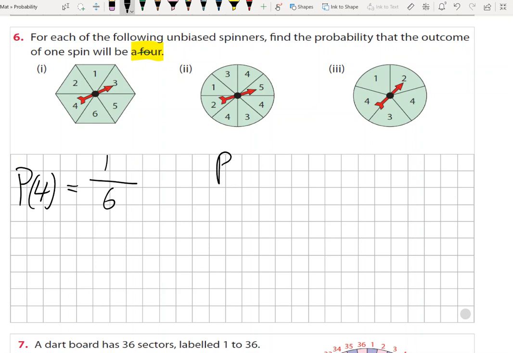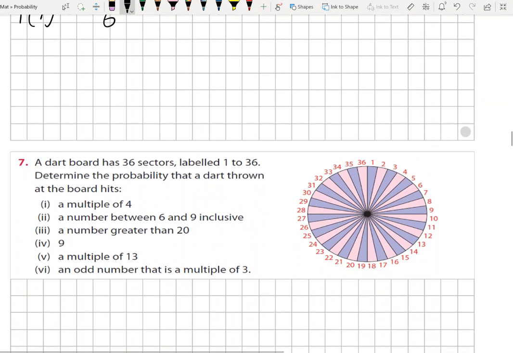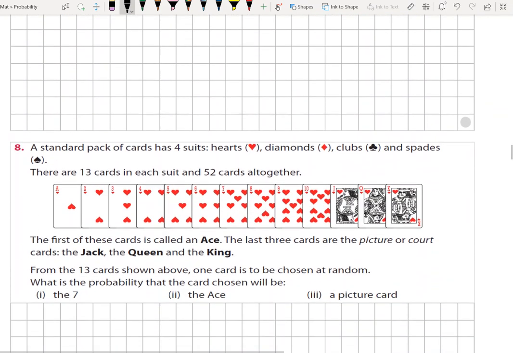The probability of 4 in the second, we look for 4s, equals 3. We have to count them all, which is 8. And the probability of 4 in the next one, number of events, 4s, number of outcomes, 5. And none of them reduce. You do 7 for homework, I do 8.